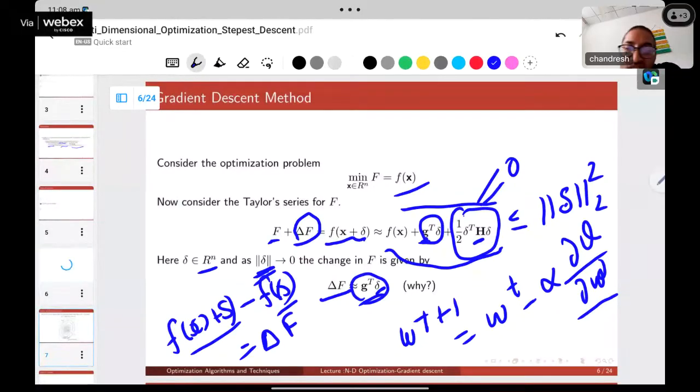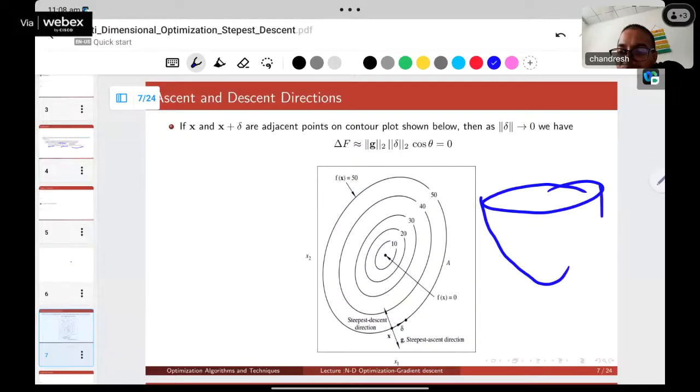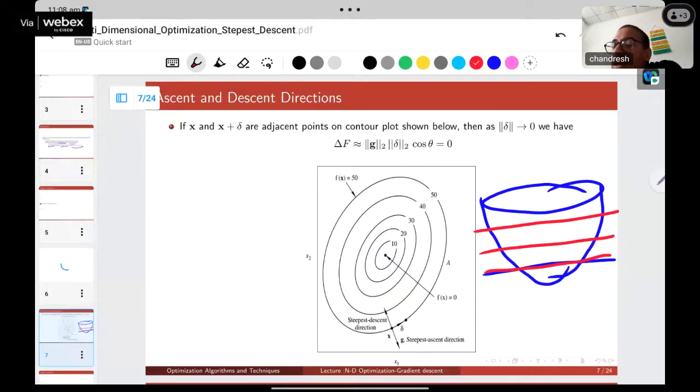And here is the picture. Let me show you. This is the contour plot. Basically we take slices. Let's say I have taken a bowl. If I slice at this level and this level, what will you get?